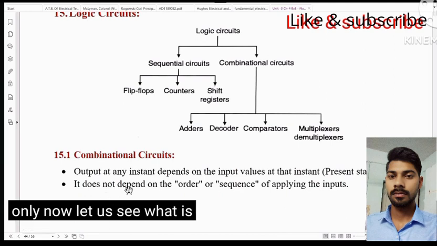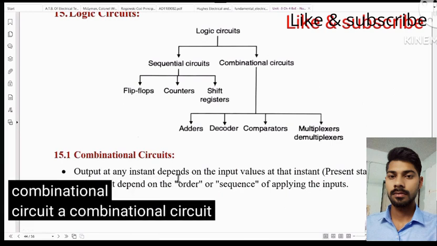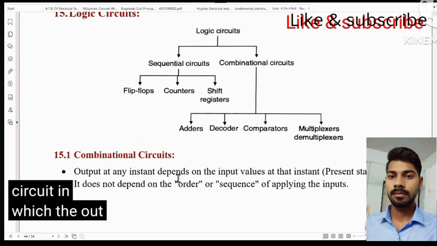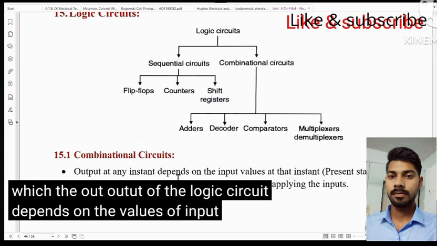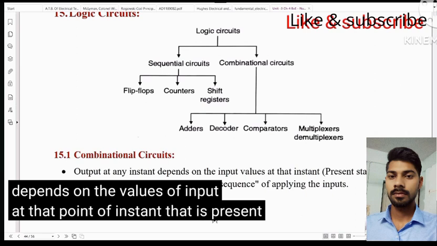Now let us see what is a combinational circuit. A combinational circuit is the circuit in which the output of the logic circuit depends on the values of input at that point of instant, that is, the present state.